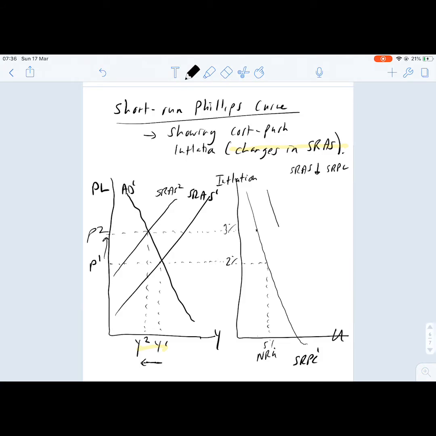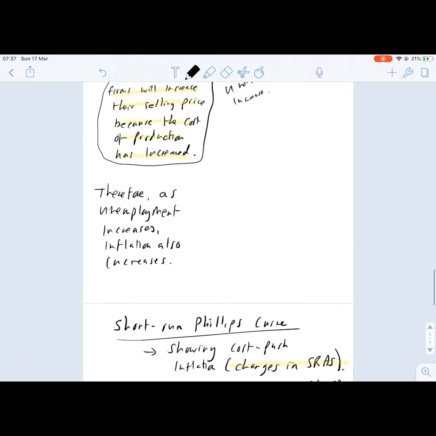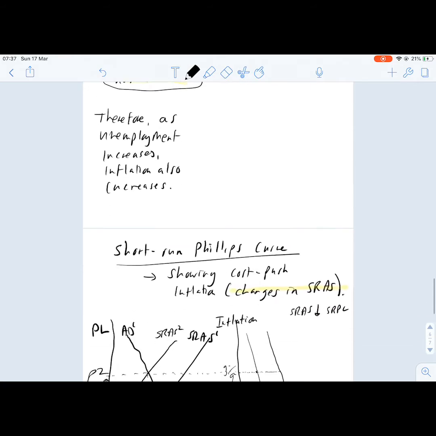So we draw an increase, short run Phillips curve 2, and now if we take that 3% across and then down, we'll have 6% natural rate of unemployment. We can now see that this mirrors what's going on in the AD/AS diagram. So here we can see that inflation has increased and unemployment has also increased. And when we go back to our flow diagram, we know why that is.